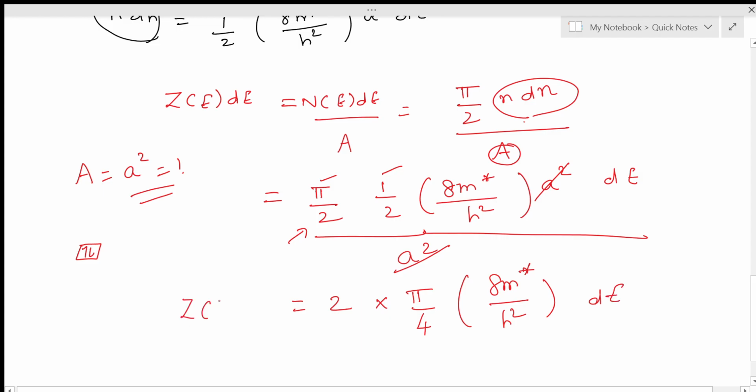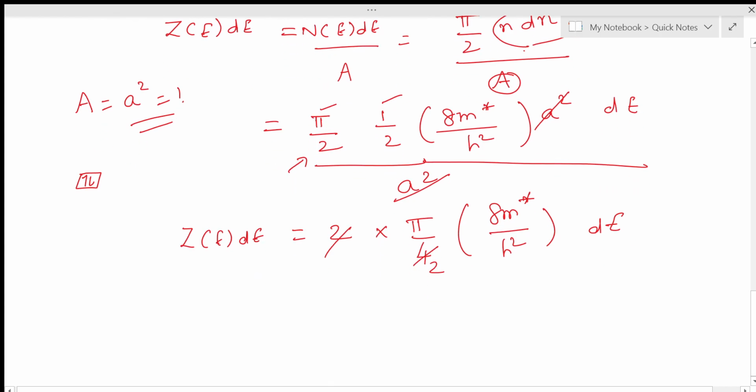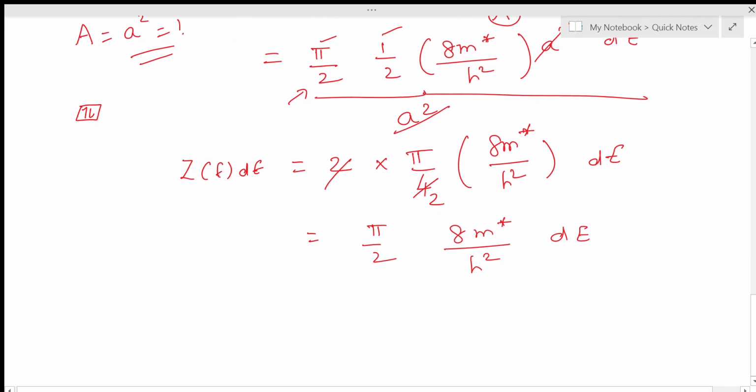So we have Z of E dE as pi by 2 times 8 m star by h square into d. If we consider this as unit energy, or the energy interval, these two can also be taken off. So we have pi by 2 times 8 m star d in this energy interval. We can even cancel these two if it is unit energy.